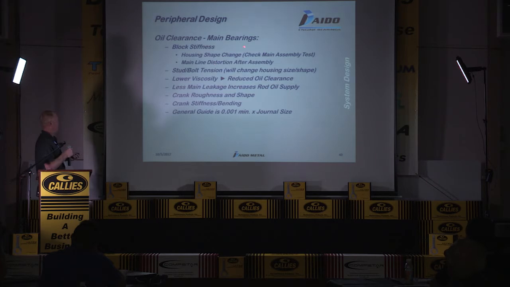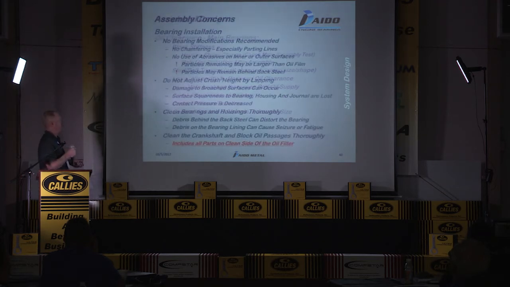A lot of this comes from the stud or bolt tension, and then again some of the common factors: the oil clearance, oil viscosity, the amount of leakage at the main bearing, the crankshaft roughness and shape. And again, the general guide is about 1 micron times the journal size in millimeters. That gives you a good starting point for what that clearance should be.